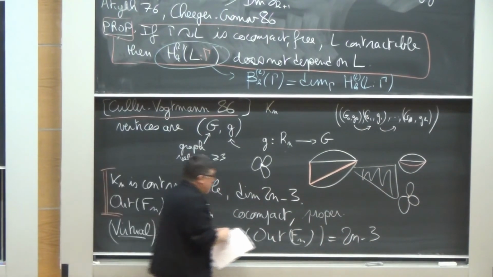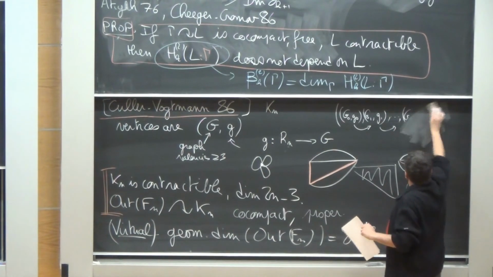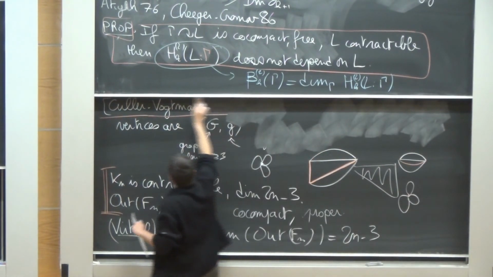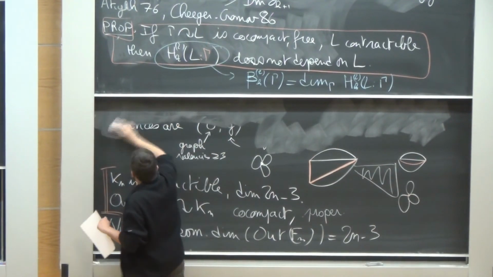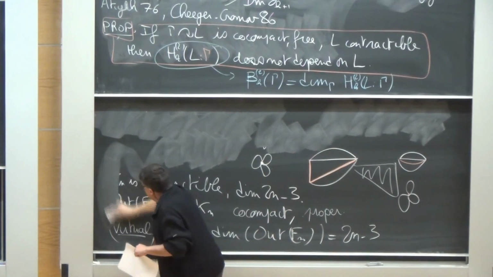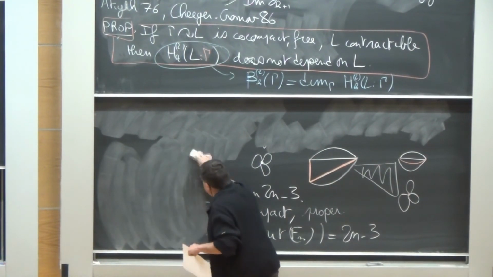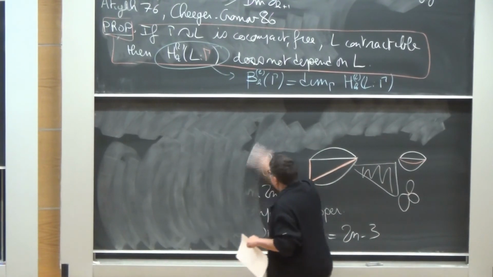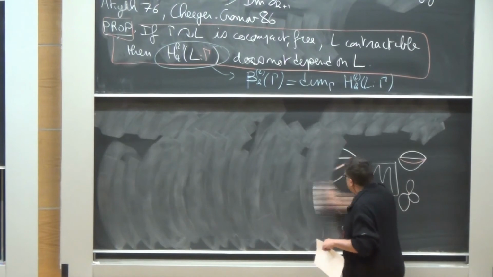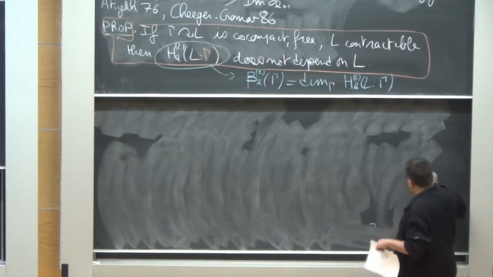And what if the action is not co-compact? This is in some sense part of the work of Cheeger and Gromov in order to define L2 Betti numbers for all groups.